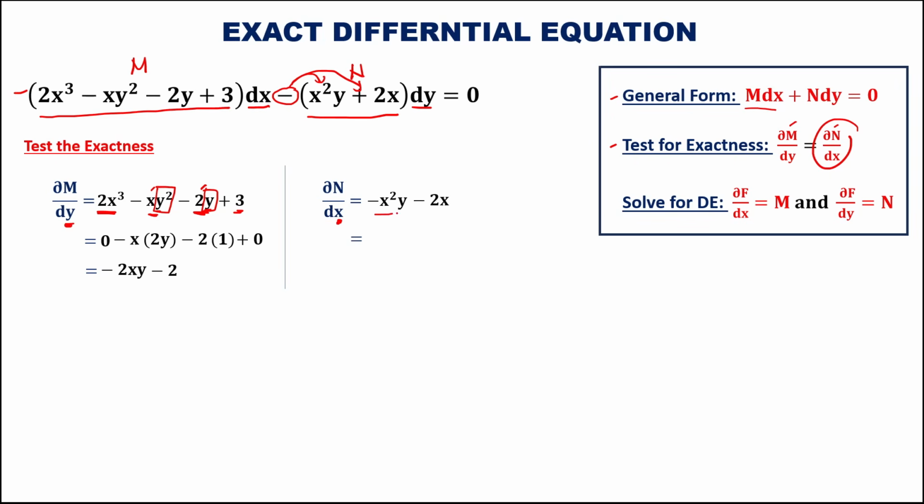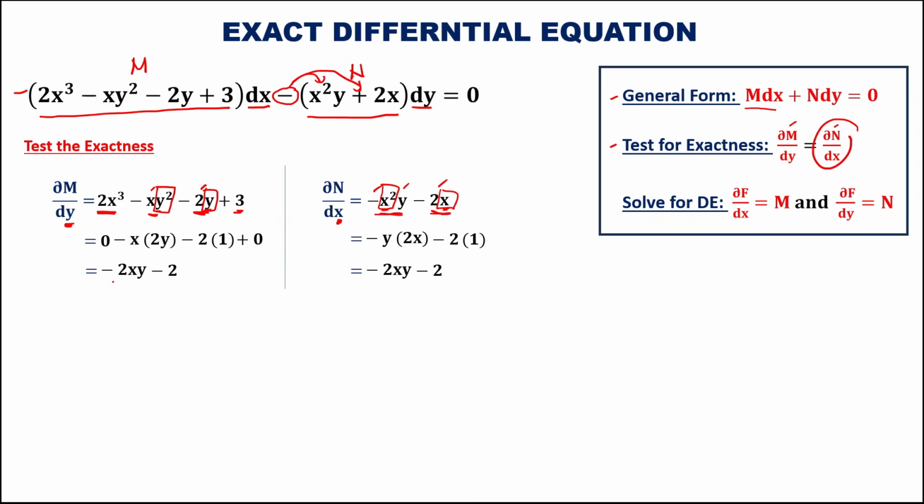So for this term, since x is the variable, y becomes a constant. So bring down this negative y, then times the derivative of x^2. This one is 2x. Then for this term, since x is the variable, bring down the constant times the derivative of x, this is 1. So the partial derivative for N is equal to negative 2xy minus 2.